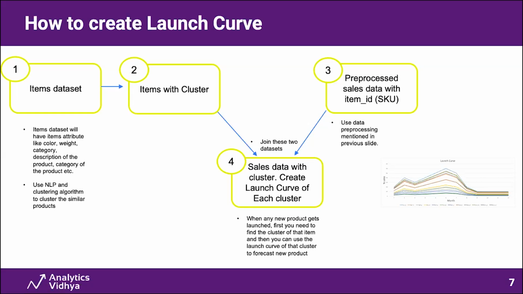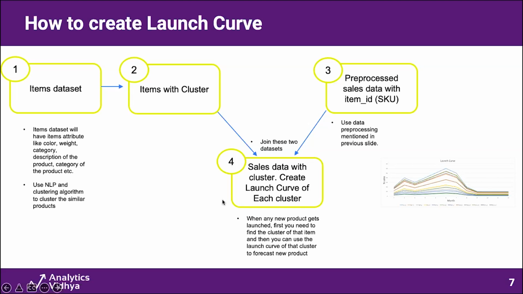You can form a data set with the clustering, where the clustering number is kind of a label for you when you form this in the supervised way. The clustering label is kind of your target, and the other features, like your item attributes and other things, will be your features for the training.